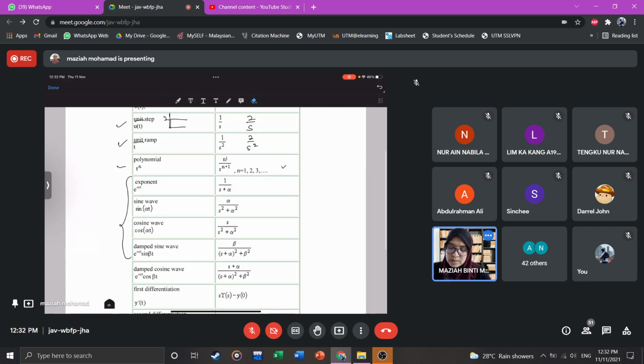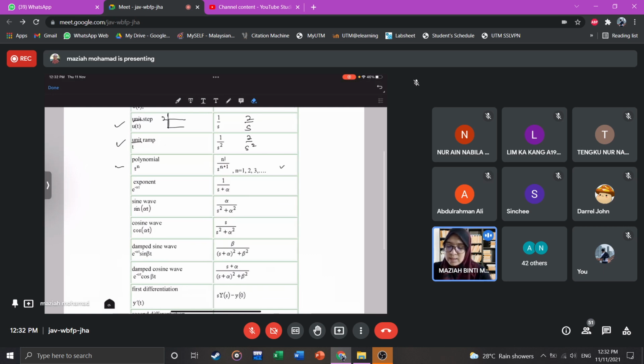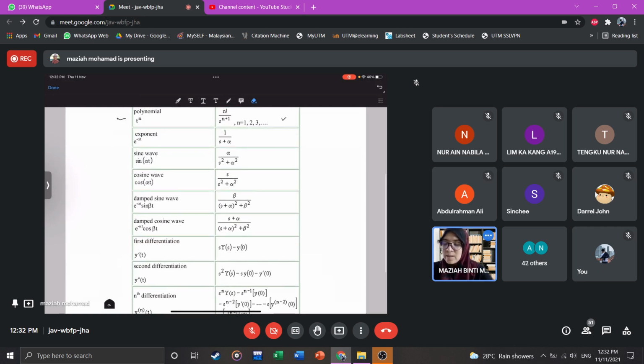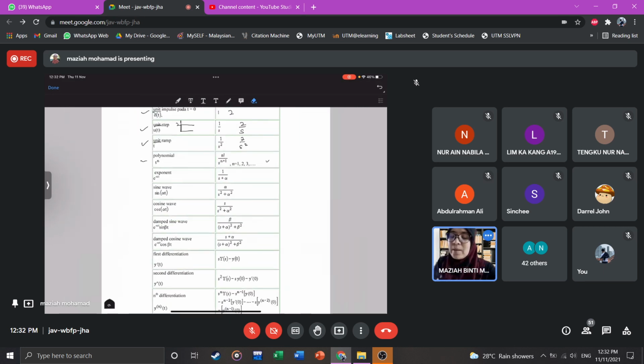Basically all this table is a common part, common functions that are always in control applications. So you will have exponent negative alpha t. In Laplace it will become 1 over s plus alpha. Sine wave, alpha over s square plus alpha square, and cosine wave.